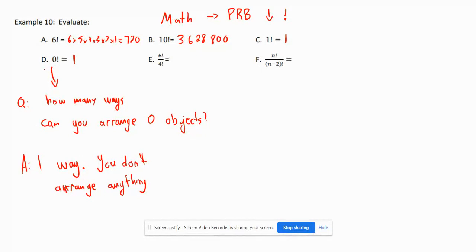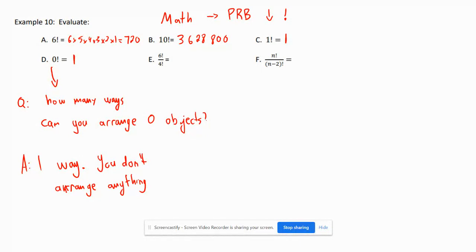My first thought was that this answer should equal 0, but we need 0 factorial to equal something other than 0, because what you're going to find later on, we need to divide by 0 factorial sometimes, and this answer can't be 0, so this answer is going to be defined as 1. And again, how many ways can you arrange 0 objects? There's one way. You don't arrange anything. That's the way that you arrange this over here.